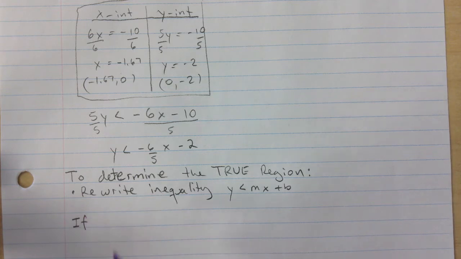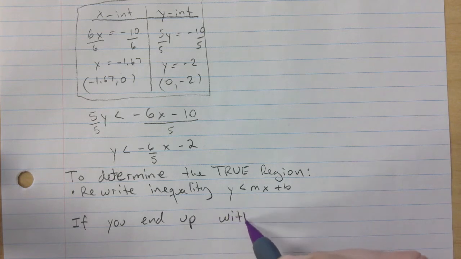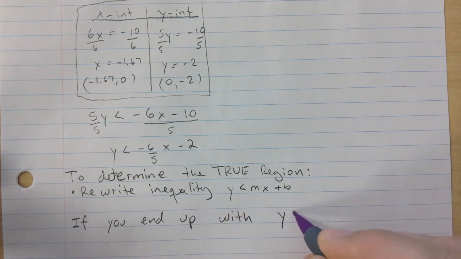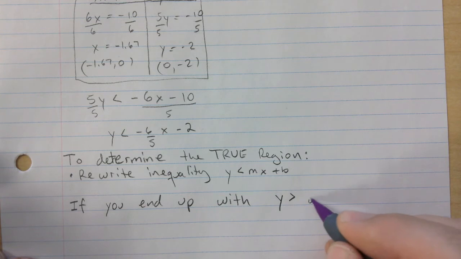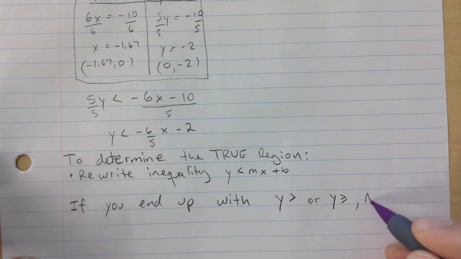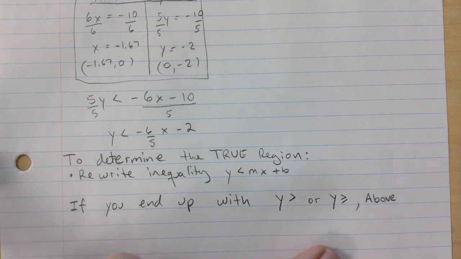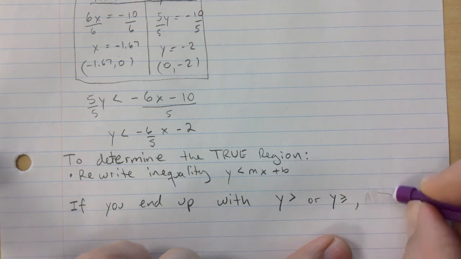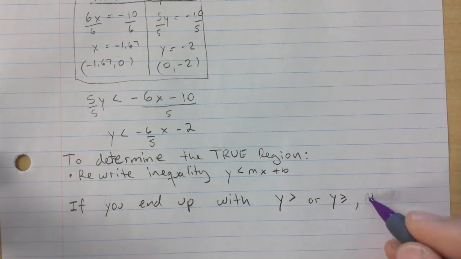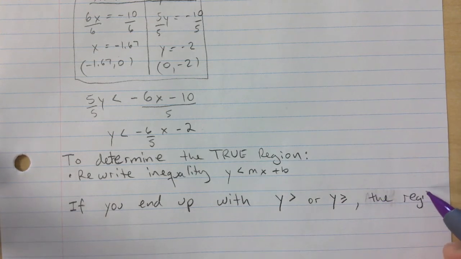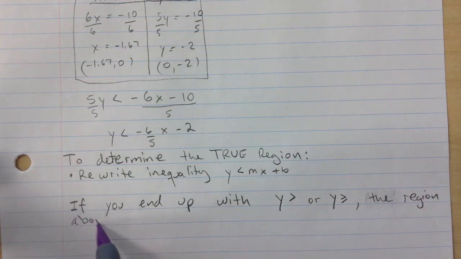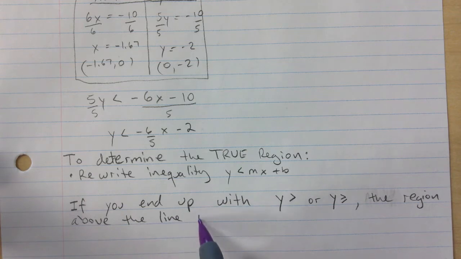If you end up with y is greater than or y is greater than or equal to, the region above the line is true.